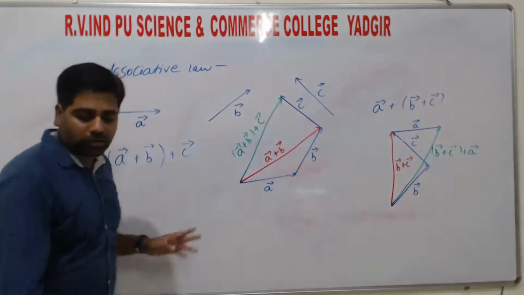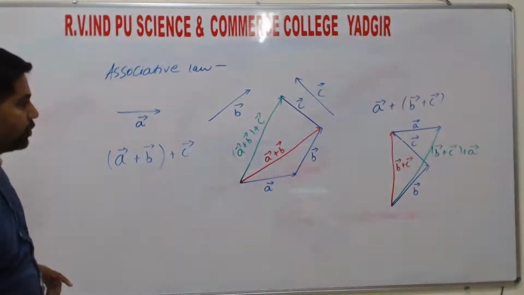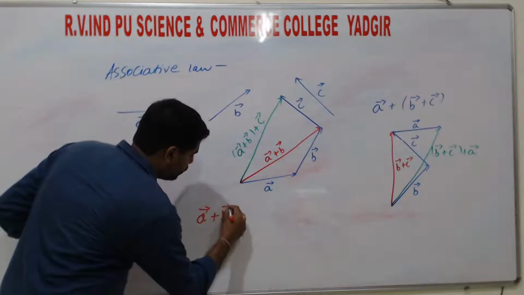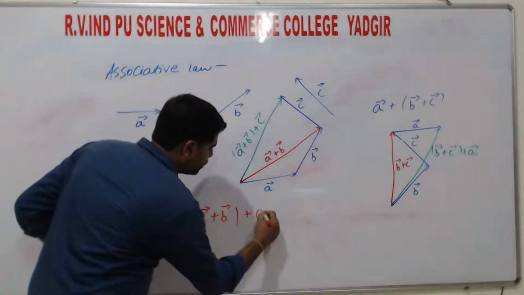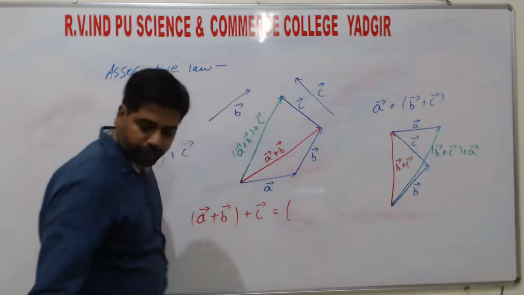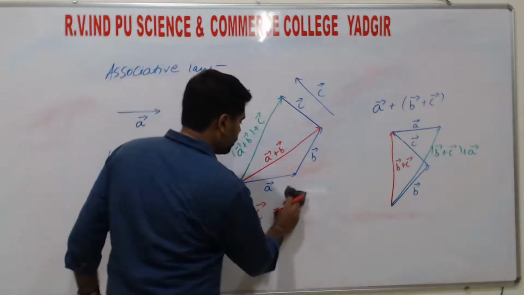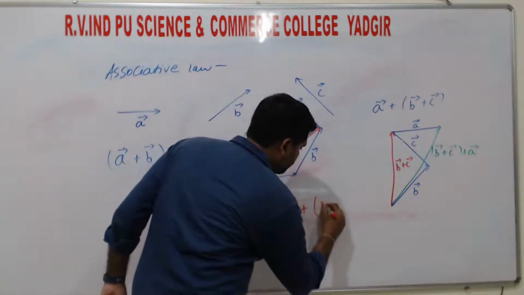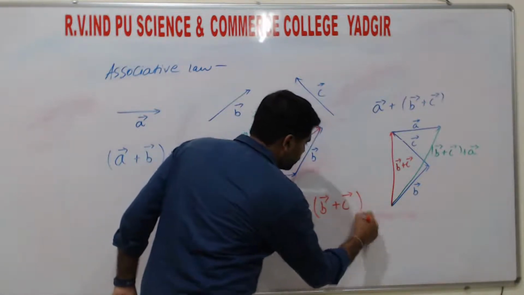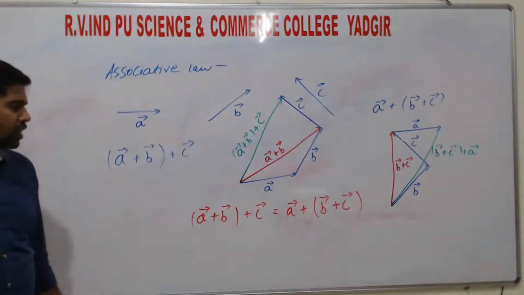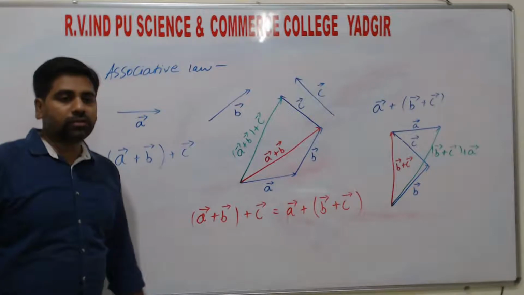Hence for the associative law we can write vector A plus of vector B plus vector C is equal to vector A of B plus C, right? So this is the associative law.